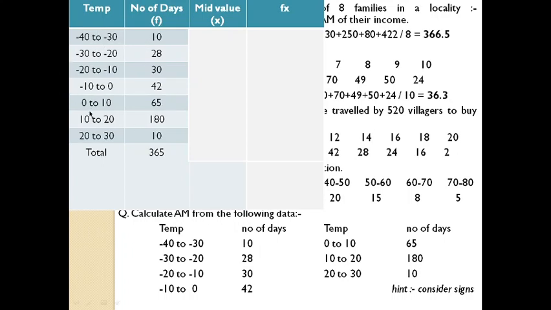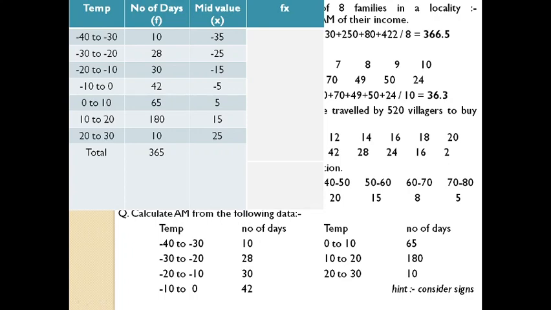Since it is given in class, you need to find the mid-x, and I hope you all know how to find the mid-x. -40 to -30, what will be the mid value? It will be -35, and it can be computed using the equation (40 plus 30) divided by 2, you will get 35. Remember, in between -40 and -30, there will be only -35, not plus 35.